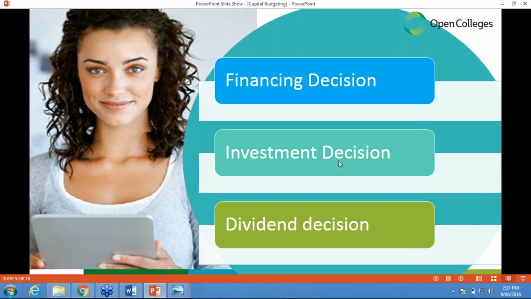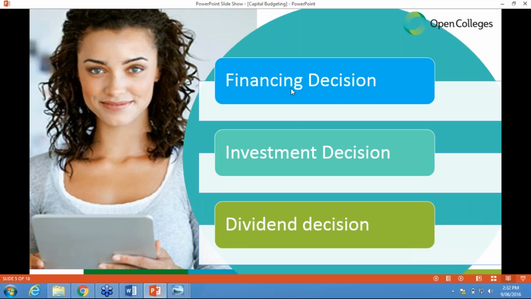So there are two investment decisions in front of you: whether you would like to invest your money in short-term assets, that is current assets, or in long-term assets, that is fixed assets. Short-term decisions basically come under working capital management, and long-term decisions are known as long-term investment decisions, or capital budgeting decisions. So today I'm going to talk about capital budgeting, that is investment in long-term or fixed assets.